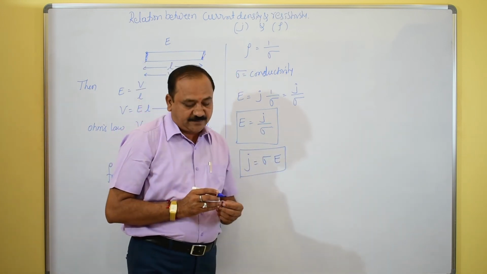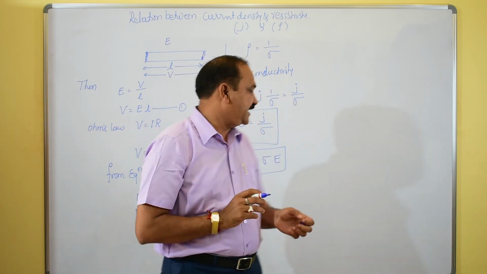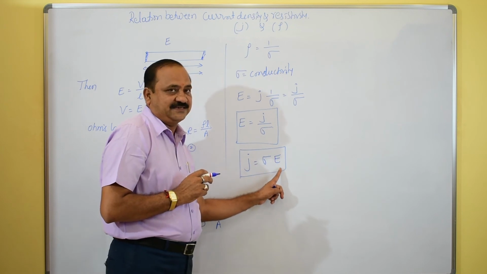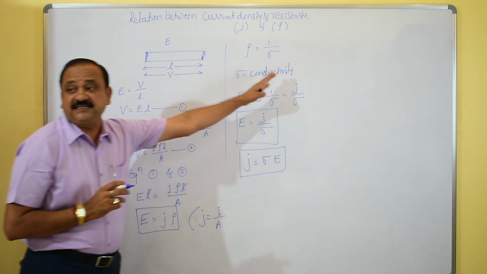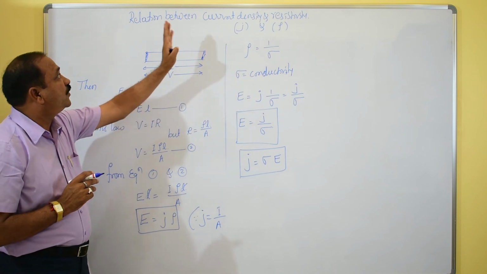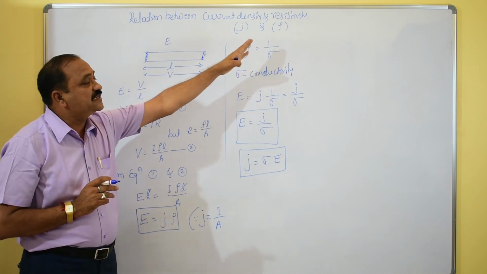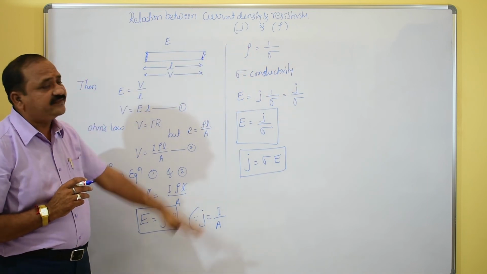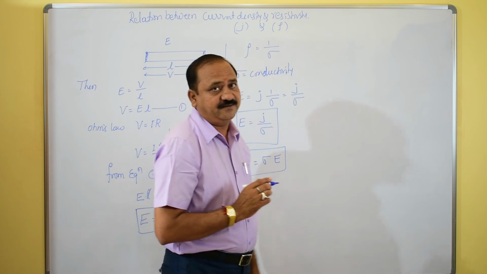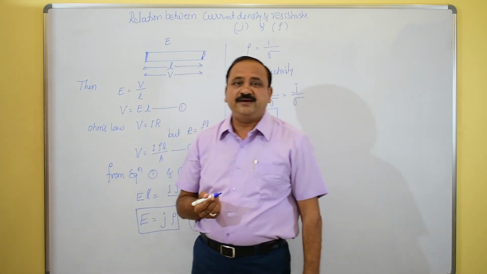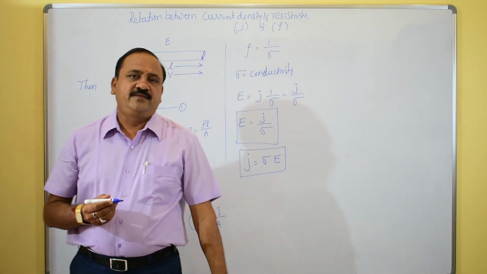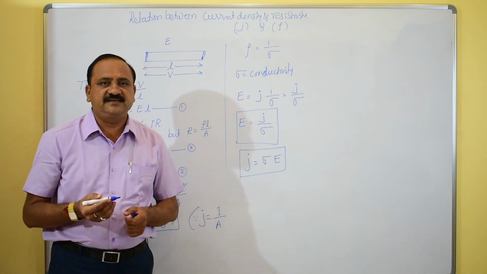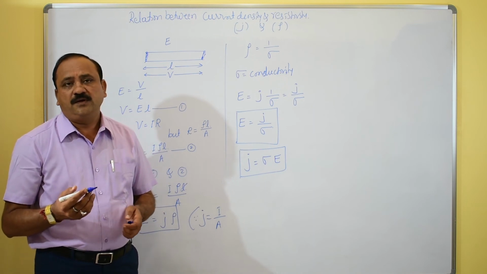J equal to sigma E, where J is the current density, sigma is the conductivity, and E is the electric field. So this is the relation connecting current density and conductivity. These are all things you should try to understand: the dimensional formula, and whether they are vector or scalar quantities.